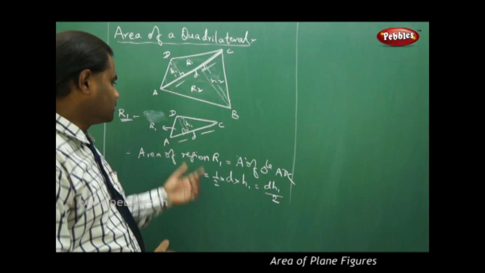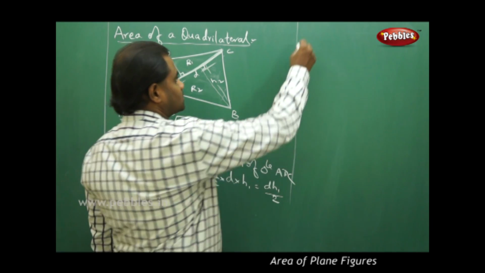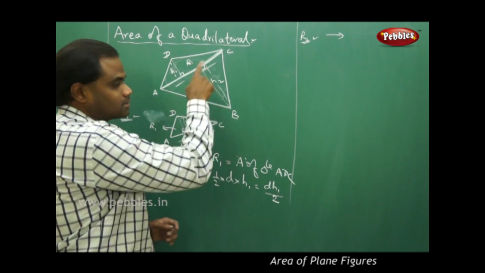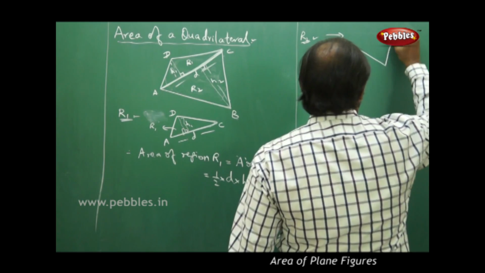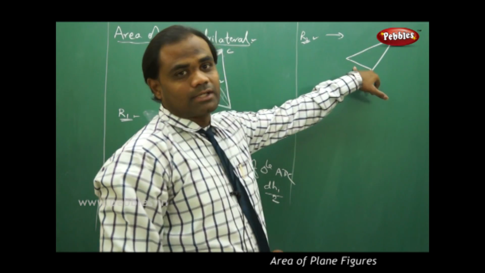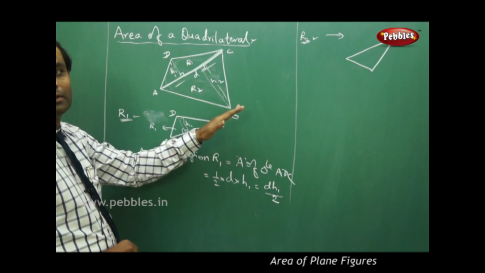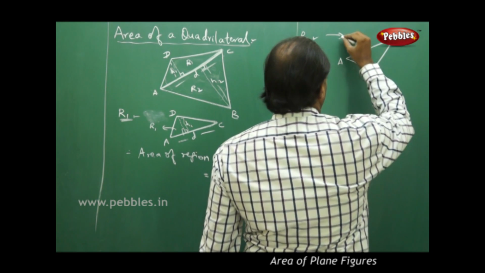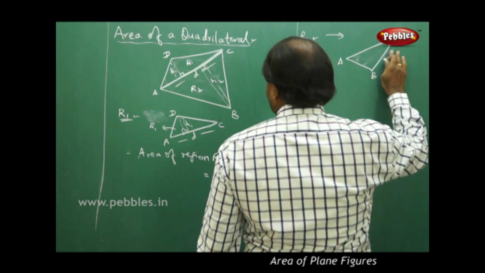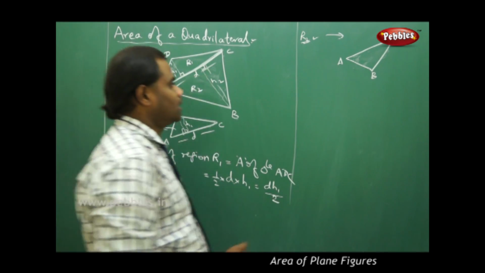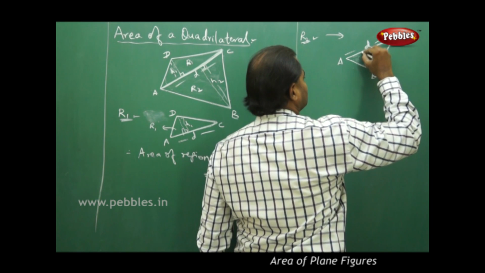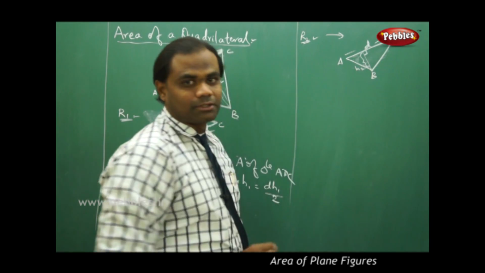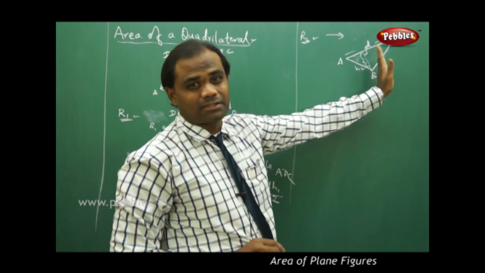Similarly, I'll try to find the area of the region R2. What is the region R2? The region R2 is also a triangle, which can be identified as an inverted triangle, down the diagonal. This is ABC, which is the region R2, and I'm going to find the area of this region with its dimensions given as D and H2 being the perpendicular. So I identify this triangle with the base as D and the height as H2.